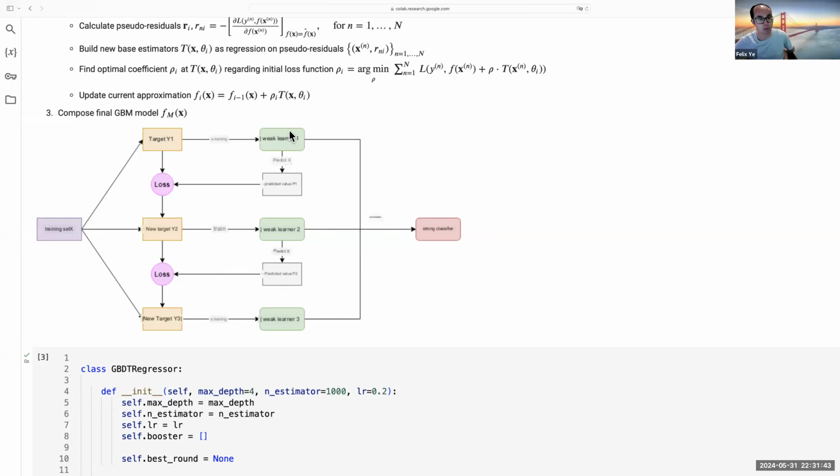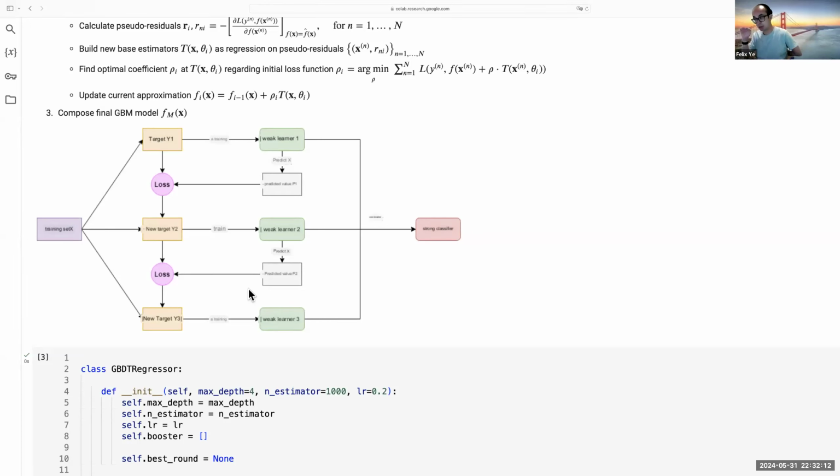Then through training we find weak learner 1. Then we make predictions and have some predicted values. Then we create a new loss and a new target, which is our residue. Then we train another weak learner trying to approximate the residues, and then we combine them together to create a new loss, and so on.